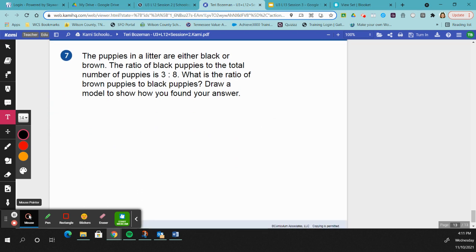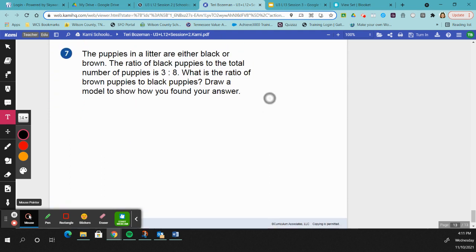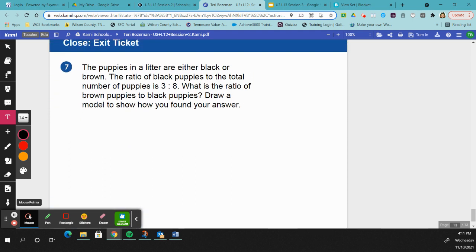That brings us to number 7, which is the last question for today. The puppies in a litter are either black or brown. The ratio of black puppies to the total number of puppies is 3 to 8. What is the ratio of brown puppies to black puppies? So brown to black, okay?